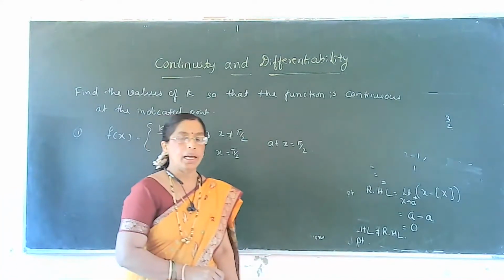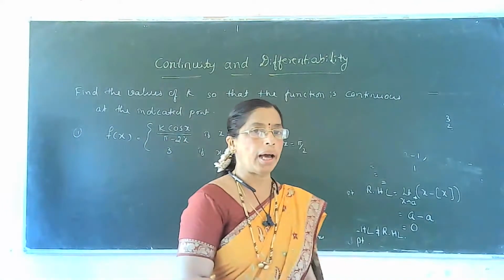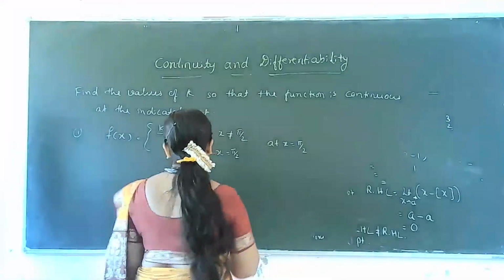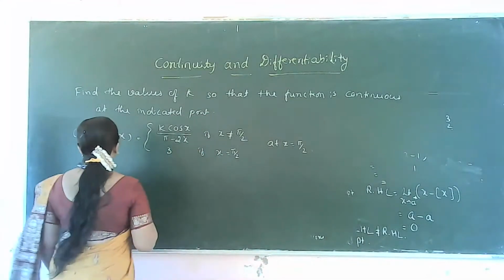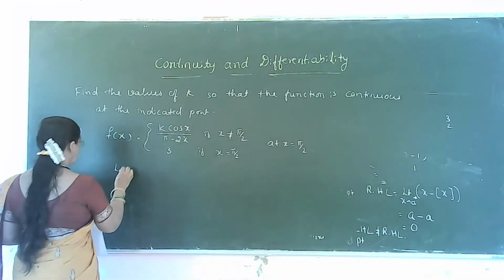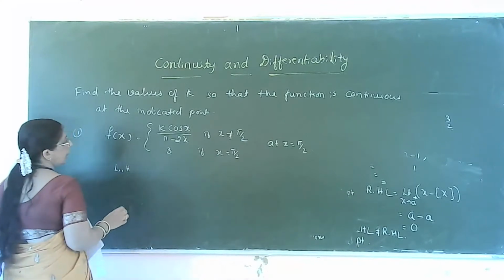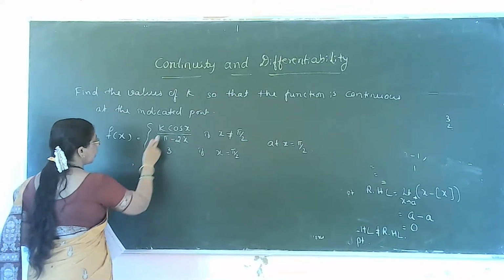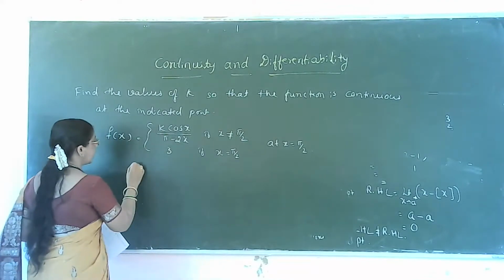Here we find the LHL or RHL limit; if they are the same, then we find the value of the function. We find LHL or RHL. Finding the LHL limit, we write the function k cos x divided by 5 minus 2x.